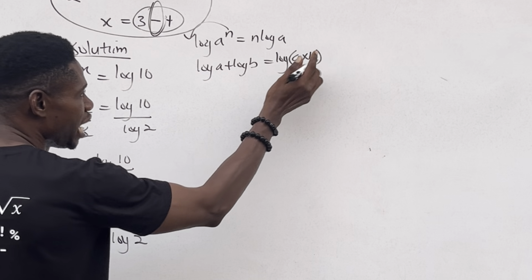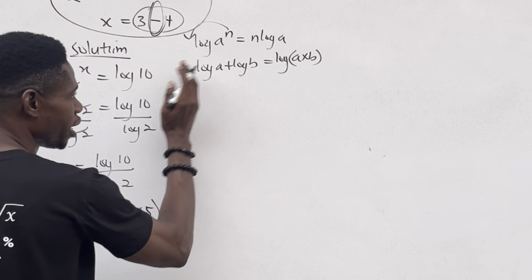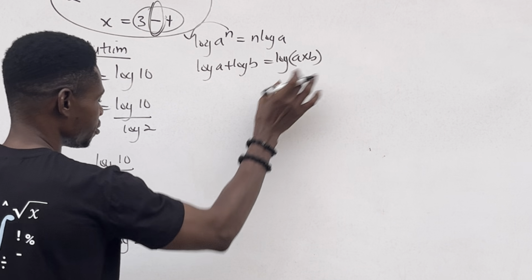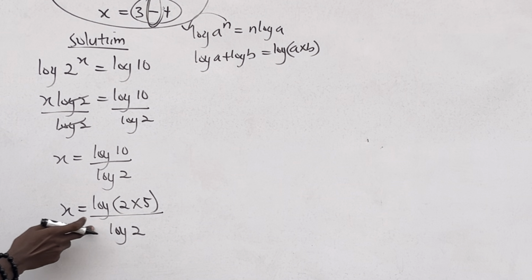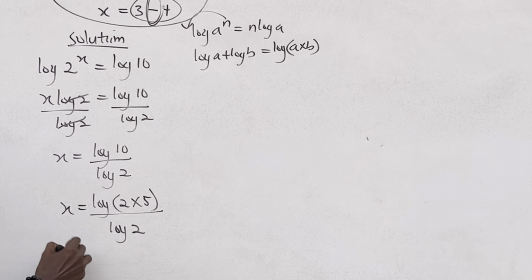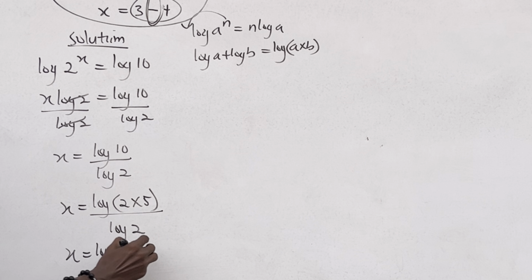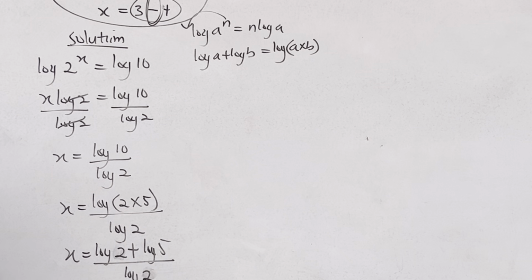Watch. So log a multiplied by b can be broken into log a plus log b. So let's see how it plays out here. So this will be x equals log 2 plus log 5, all over log 2. What we have down here is log 2.